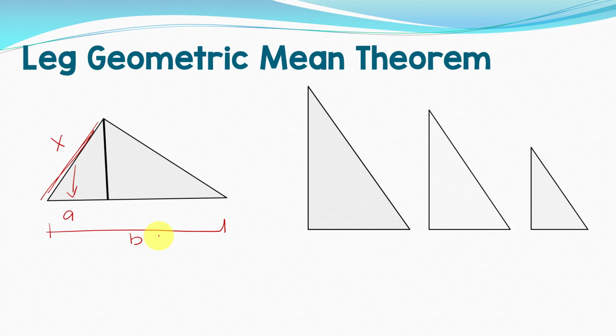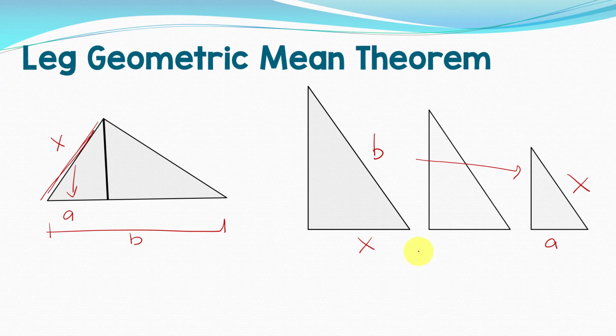So let's label this. X is going to be the hypotenuse of the small side. It is also the bottom of the big triangle. A is the small side of the small triangle, and B is the hypotenuse of the big triangle.